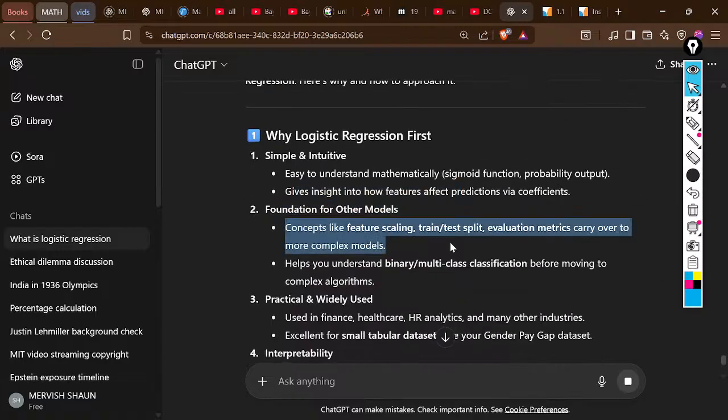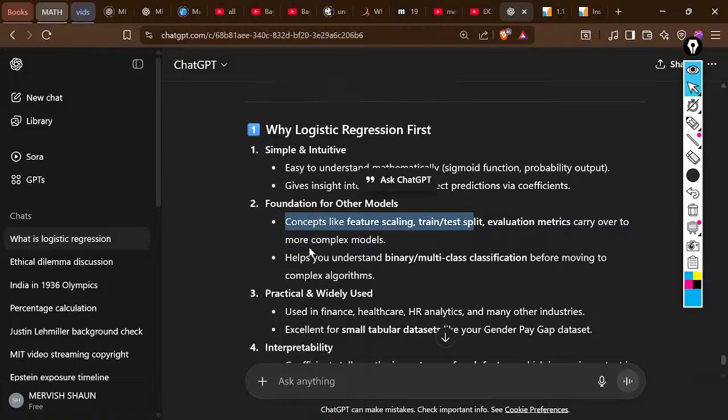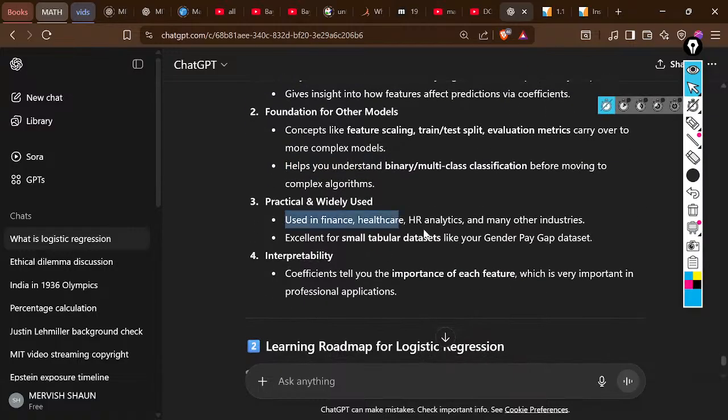It's a foundation for other model concepts like feature scaling, train-test split, evaluation metrics that carry over to more complex models, and helps you understand binary and multi-class classification. To be fair, there isn't that much binary classification going on in BJJ anyway, so who cares? Practical, widely used in finance, healthcare, HR. Bro, forget these guys. Okay.